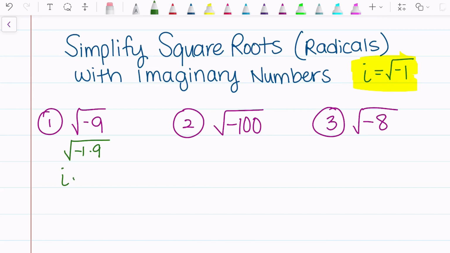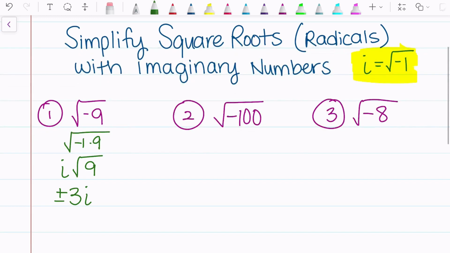So now I have i times the square root of 9, and the square root of 9 is positive or -3, and so we write it as positive or -3i. Sometimes you only need the positive square root, depending on what you're working on. That's sometimes called the principal square root if you see that in directions.